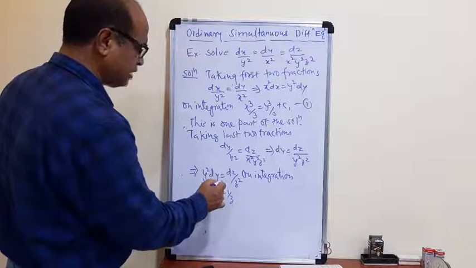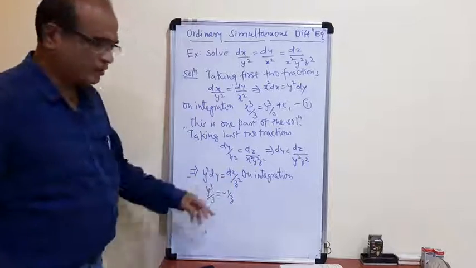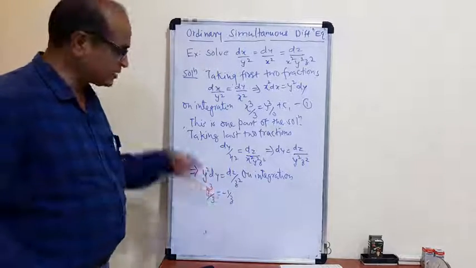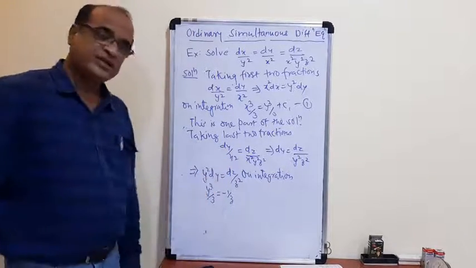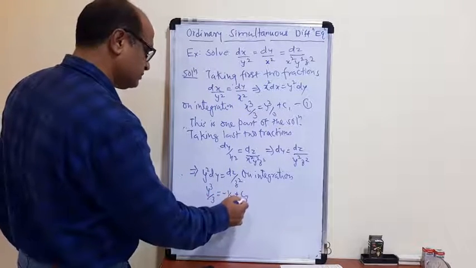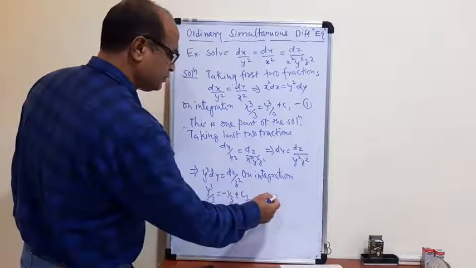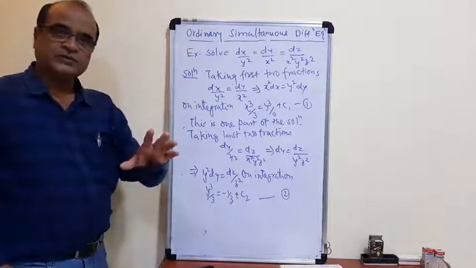So what is the integration of 1 upon z square? Because the derivative of 1 upon z is minus 1 upon z square. So integration of dz upon z square is minus 1 upon z plus integrating constant c2. So this is equation number 2. Okay. This is another part of the complete solution.